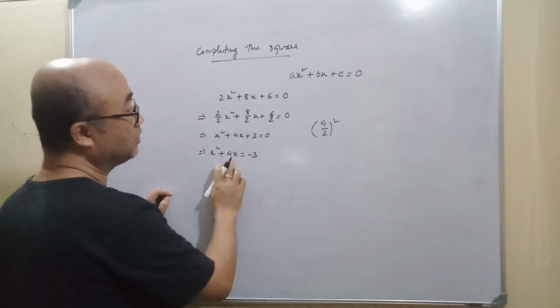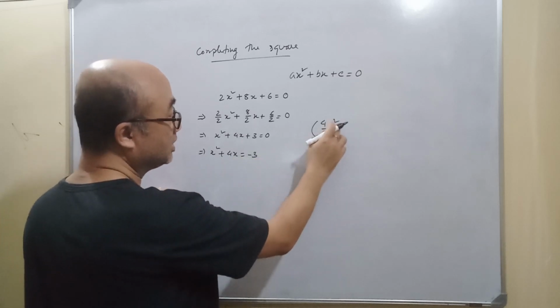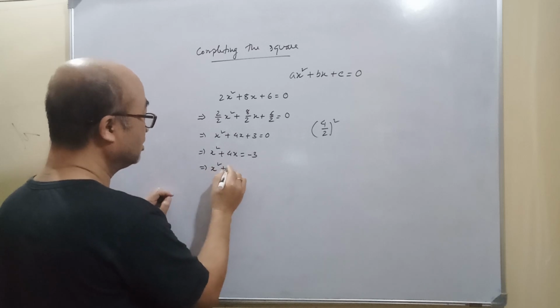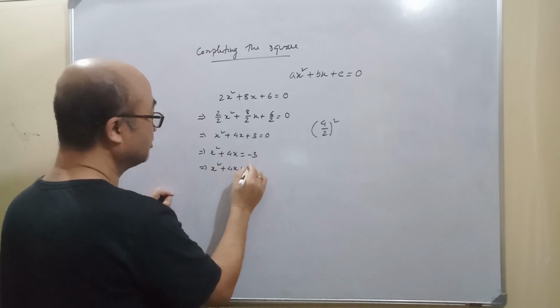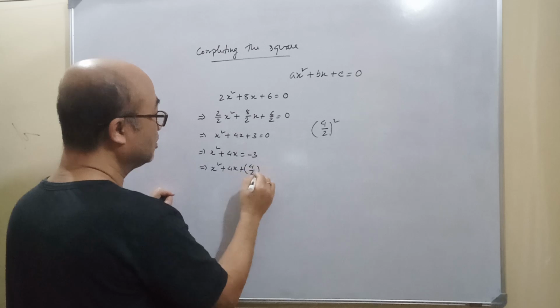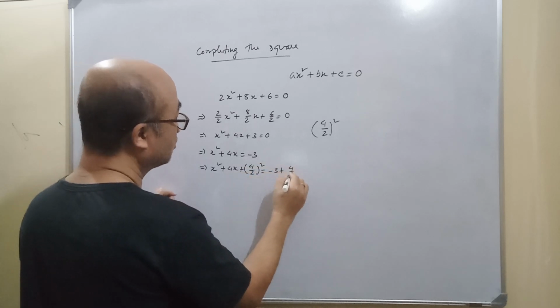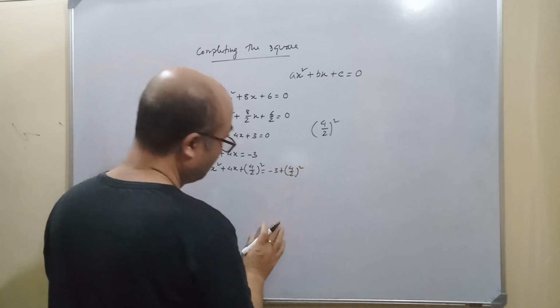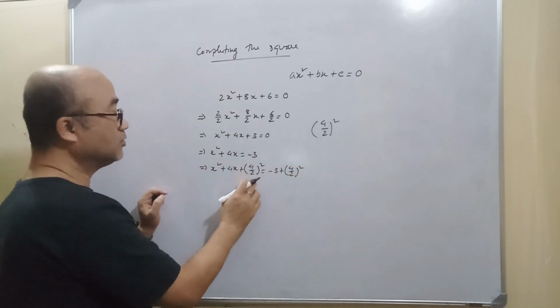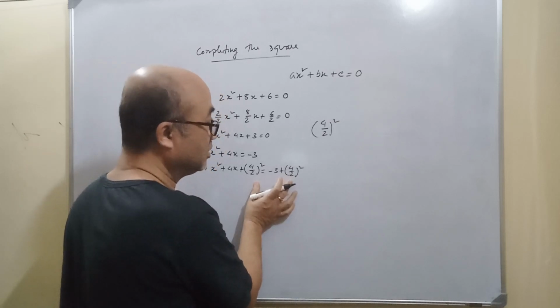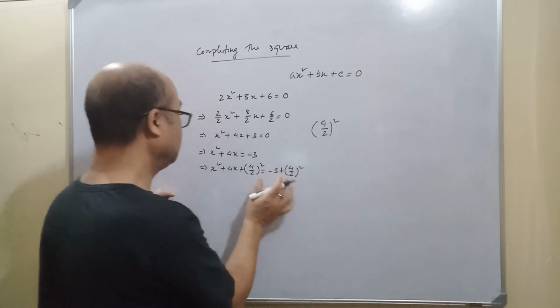Take the coefficient of x, divide by 2, then square it. Then x square plus 4x plus 4 by 2 whole square is minus 3 by 2 plus 4 by 2 whole square. You have to add 4 by 2 whole square to both the sides so that the equation remains constant.